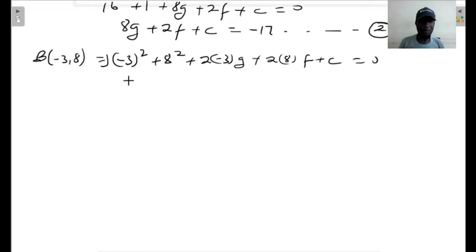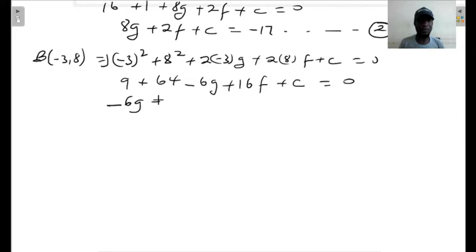This gives us 9 plus 64 minus 6g plus 16f plus c equals 0. Rearranging and simplifying further, we have -6g plus 16f plus c equals -73. And this is our equation 3.